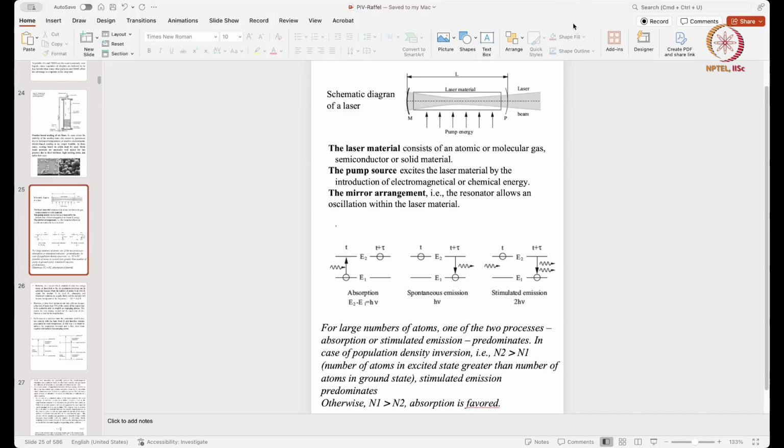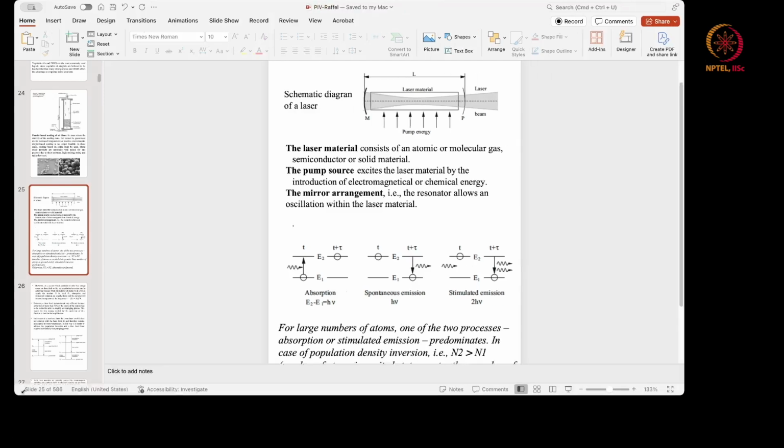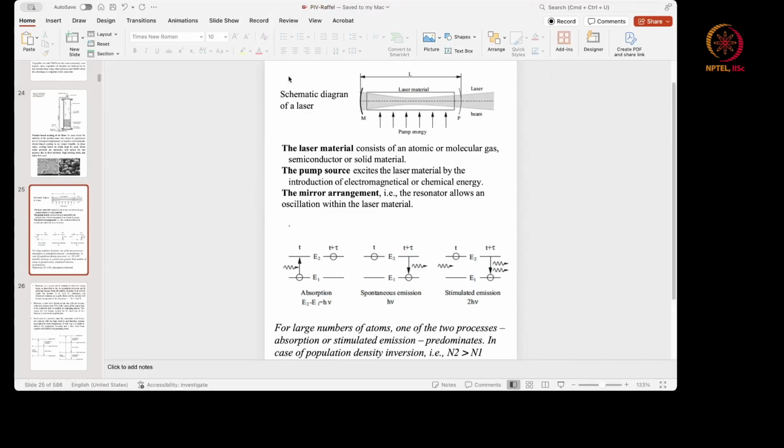What you see over here is a schematic of the laser. A laser basically consists of atomic or molecular gas, or semiconductor, or solid material.